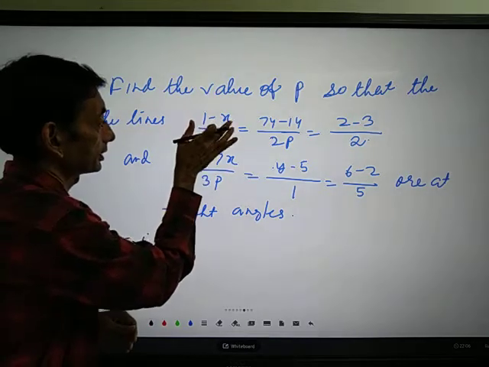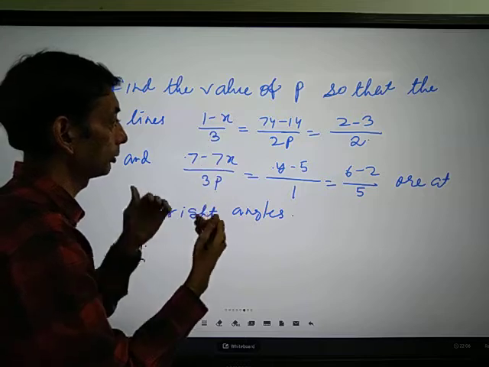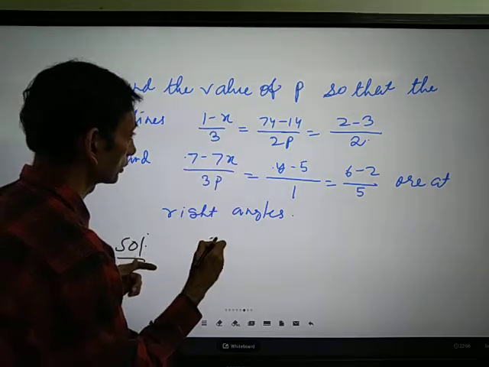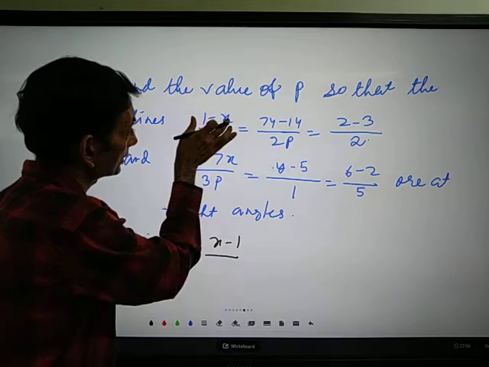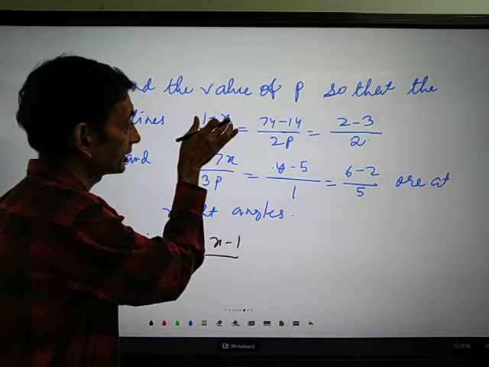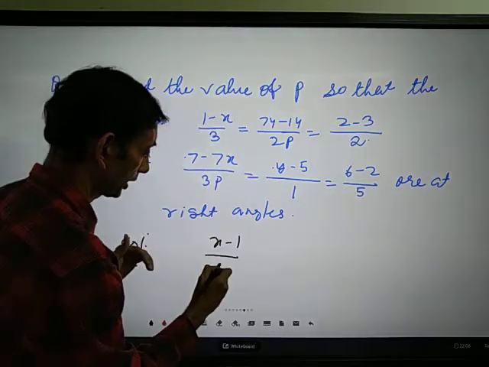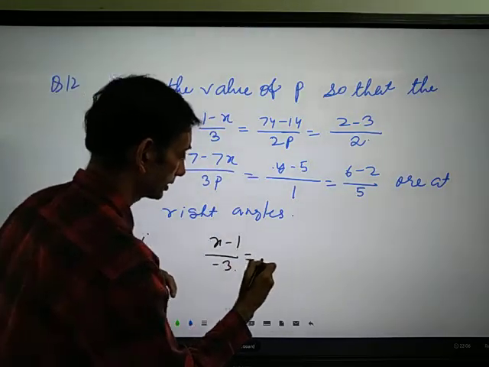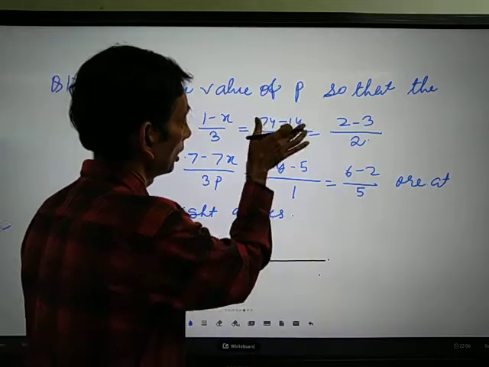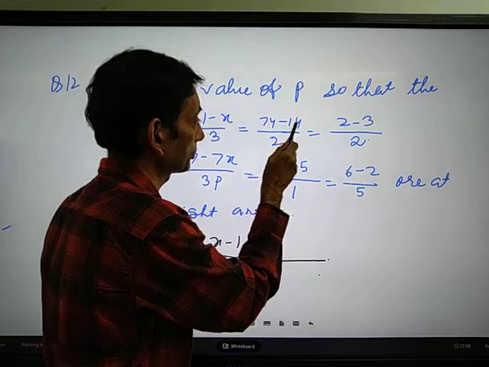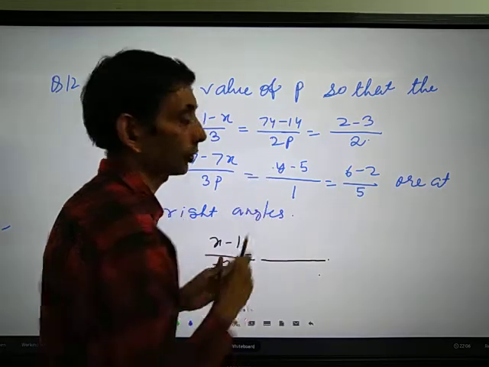This is 1 minus x by 3. We'll write it in the x minus x1 form, so we reverse the order and it will be x minus 1. If we change the order, we need to multiply both the numerator and denominator by minus, so it has to be minus 3. Now this 7y minus 14: just write y minus y1, so remove the coefficient of y.